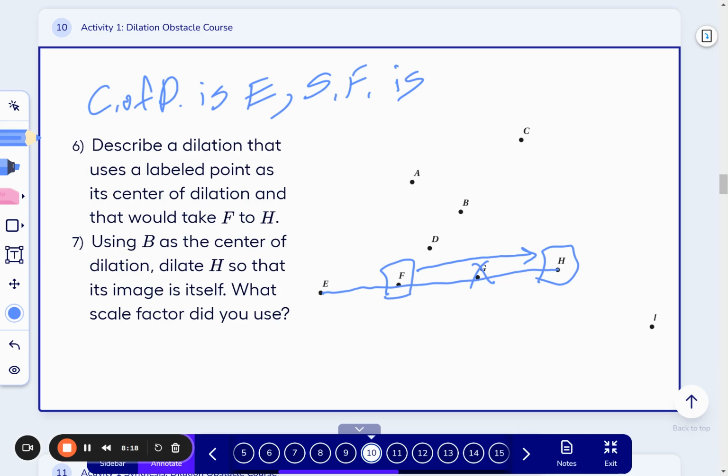Then I'm going to measure from E to F, which is 2.7, and E to H, which is 8.5.